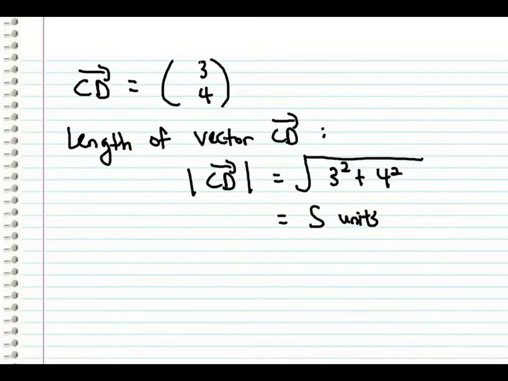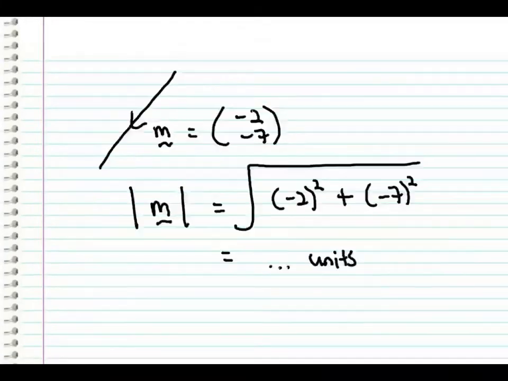So, if I have the matrix of a vector and I want to find the length of this vector, I simply name it as the vector inside two parallel lines, and the value is found by squaring each element of the matrix, adding them up, and then taking the square root, as shown here. Another example is the vector m. So to find the length of this vector m, I simply do as follows.